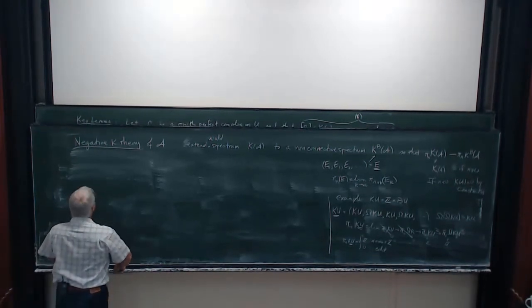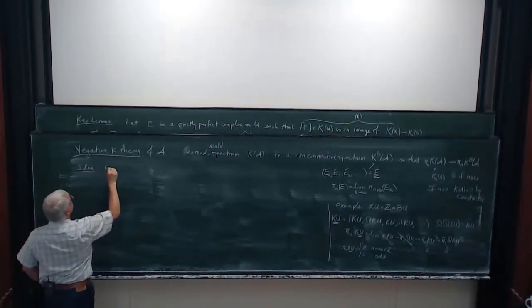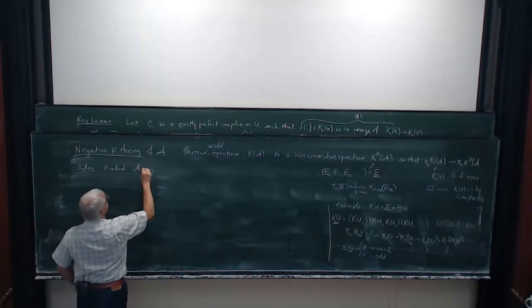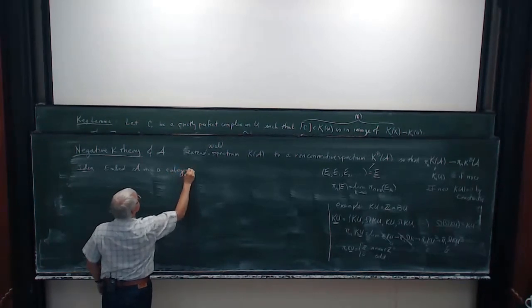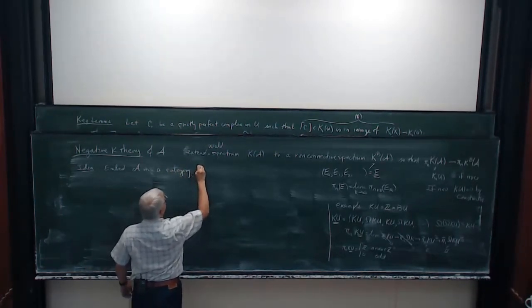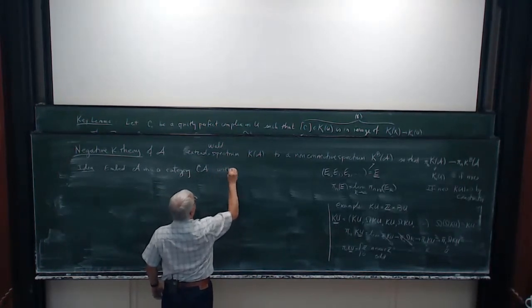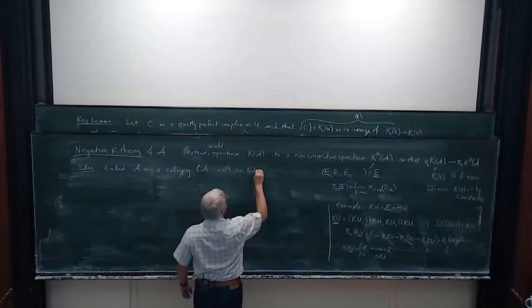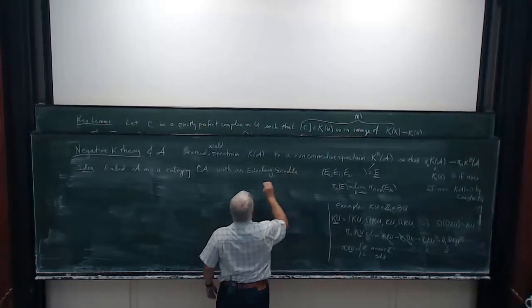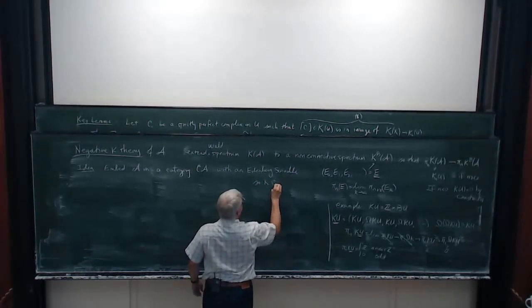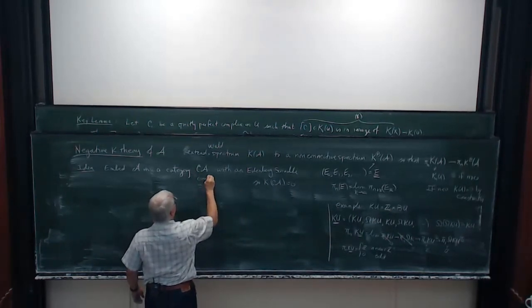So the idea is to embed A in a category, let's call it C of A, with an Eilenberg swindle, so that the K-theory of the cone of A is equal to 0. This is typically called the cone.